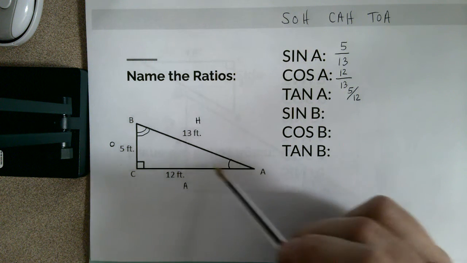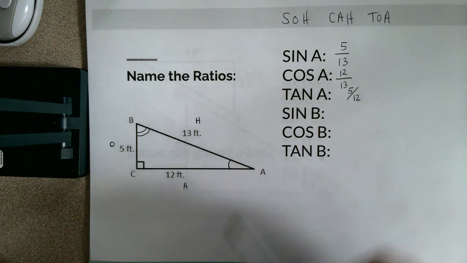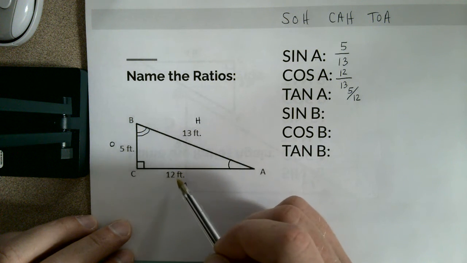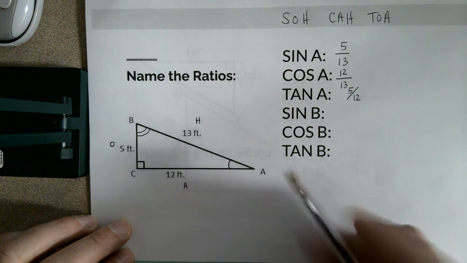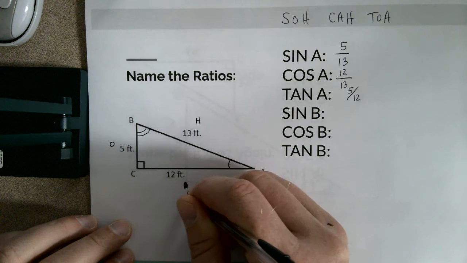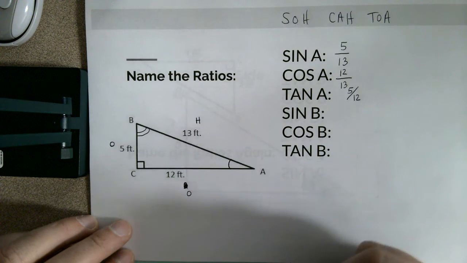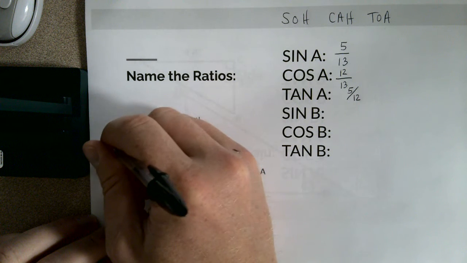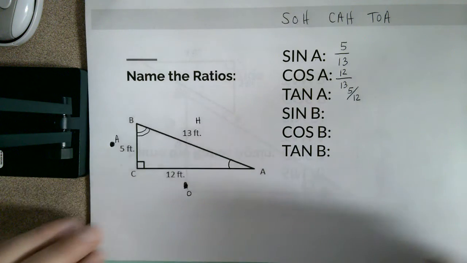It's always going to be the longest side. But with relation to angle B, now my opposite side is length CA, so I'm going to mark out this A and put an O there. And my adjacent side now is side BC, so I'm going to mark out the O and put a little A.